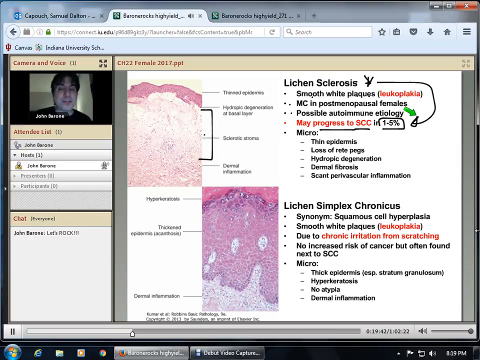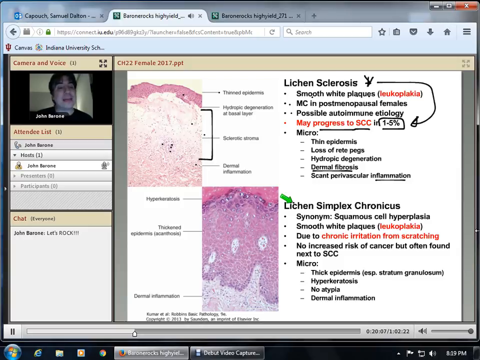Now, under the microscope, when we do a biopsy of it, we're going to see a very thin epidermis, and deep to it, very thick dermal fibrosis, with a little bit of inflammation, because it is autoimmune. Those little purple dots down here are a little inflammatory area. But again, it's mostly fibrosis with a thin overlying epidermis.